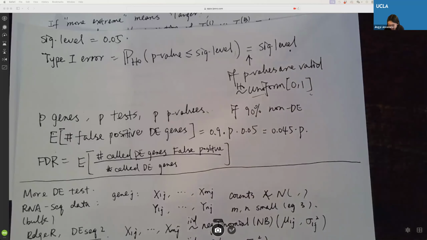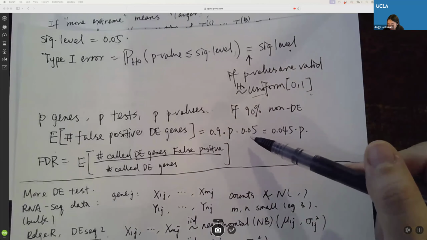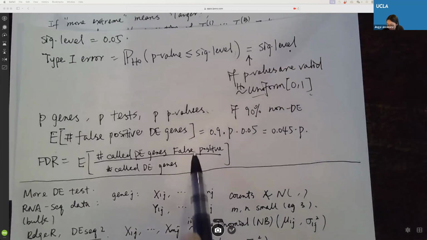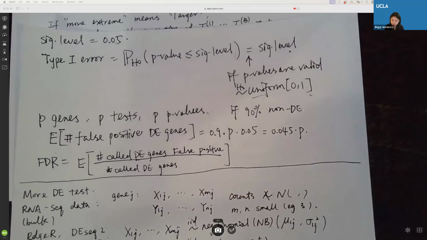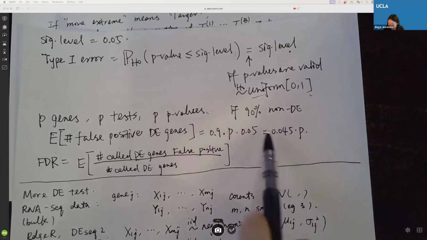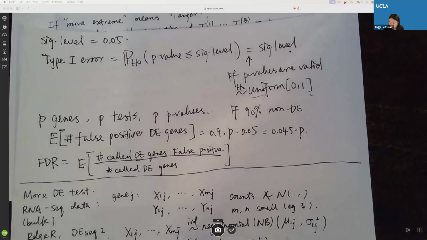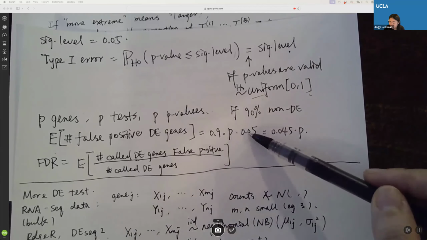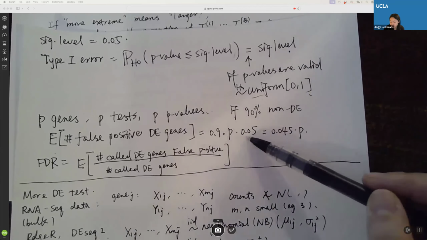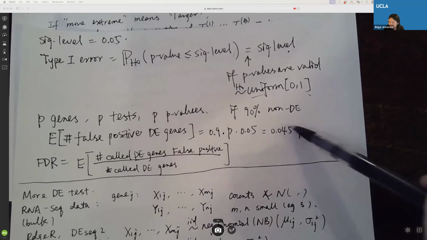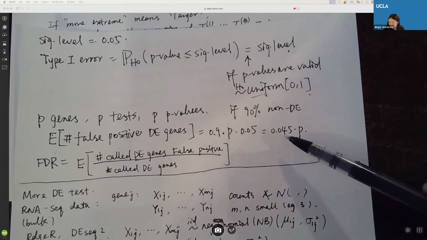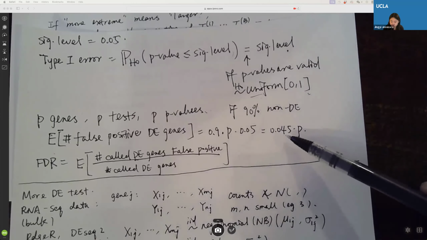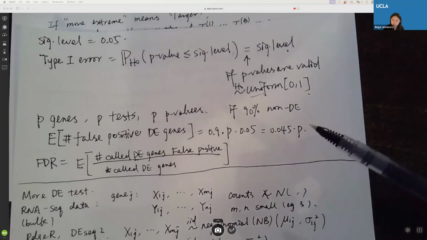So if you have a 0.05 chance of making a mistake for each gene, and suppose that 90% of your genes are not DE genes, the majority of them, then the expected number of false positives would be 0.9 times the total P, which is 10K, times the mistake probability for each gene, 0.05. So that gives 450 mistaken false positive genes.